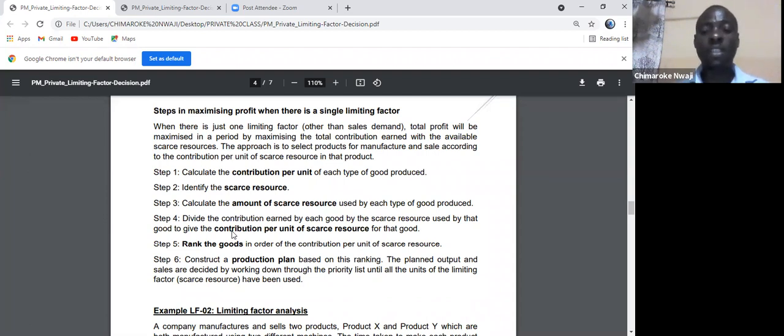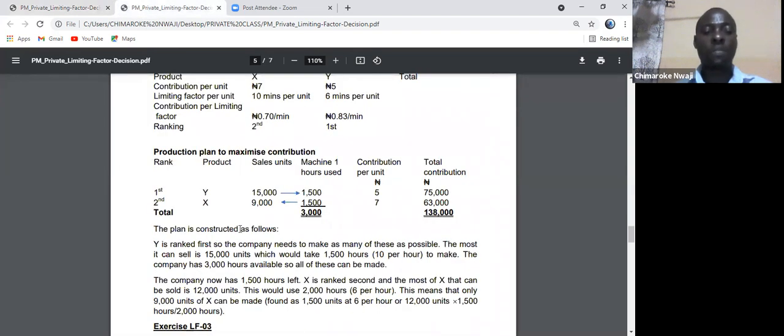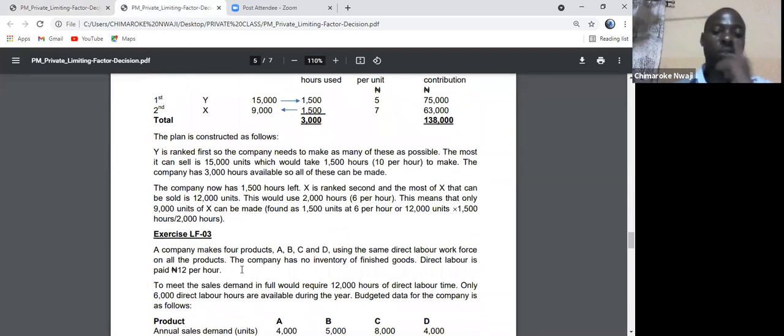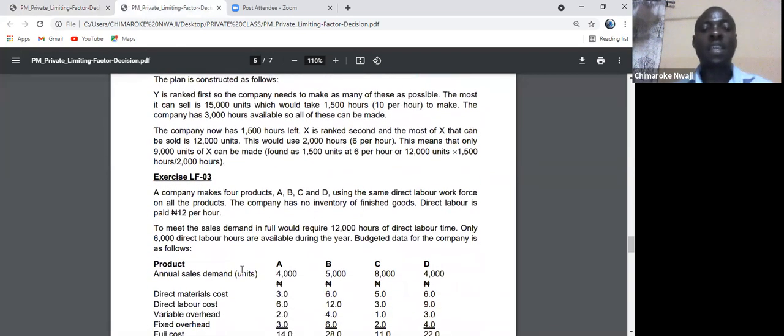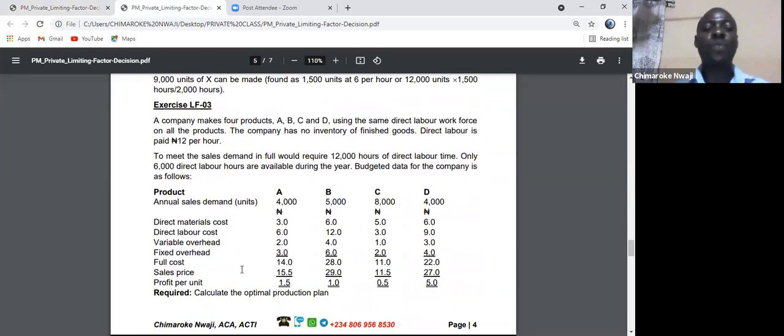Step 6, you create a production plan based on your ranking. All right, so we've done these steps in question 2. Let's look at question number 3, and let's see how we can also apply these steps.